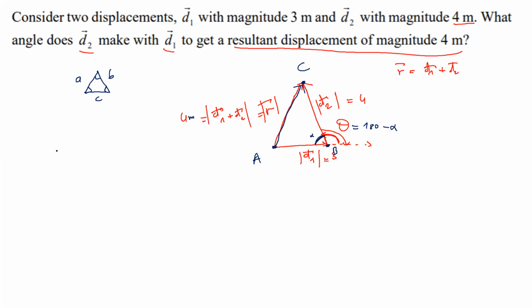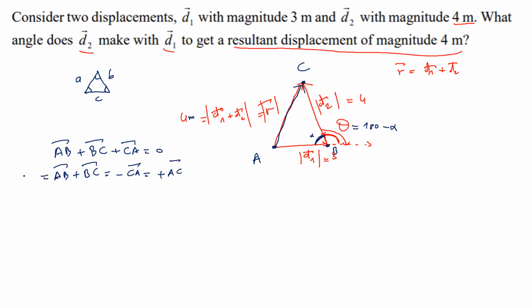So in a triangle, you always have AB plus BC plus CA equal to 0. That means AB plus BC is just equal to minus CA, and minus CA is just plus AC.